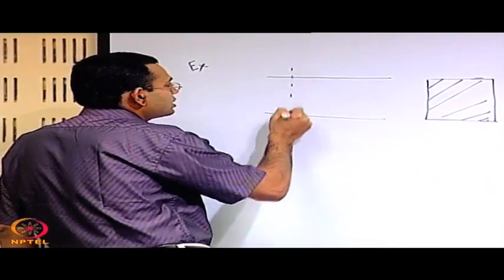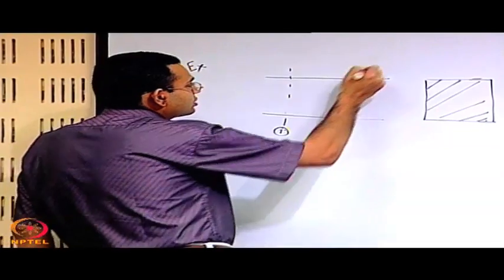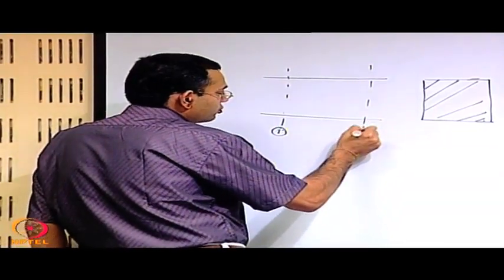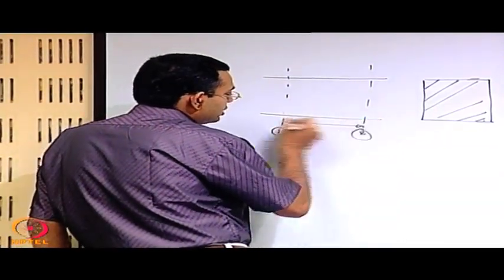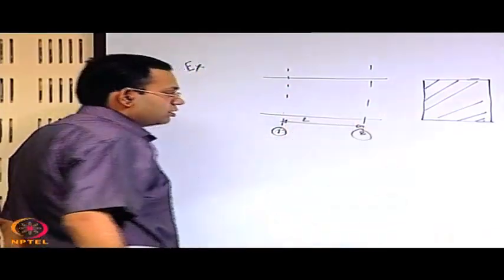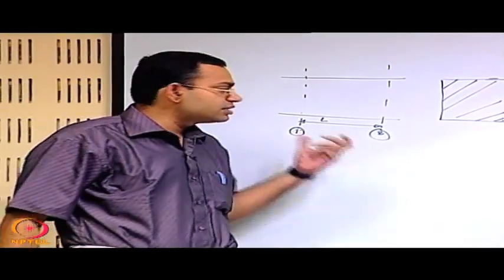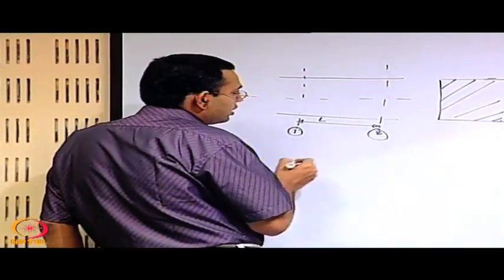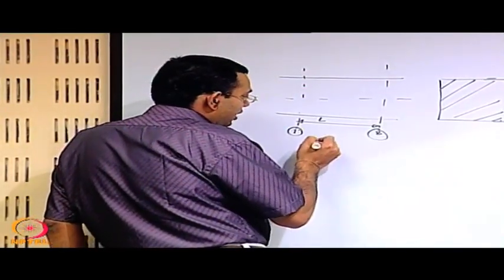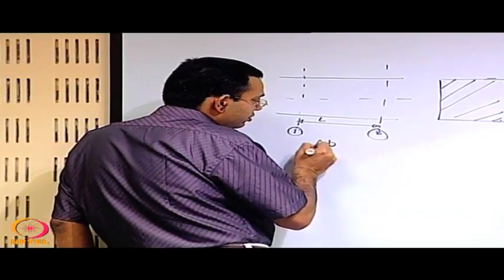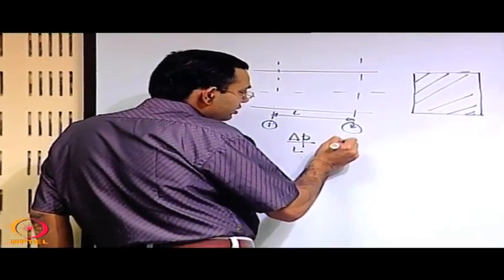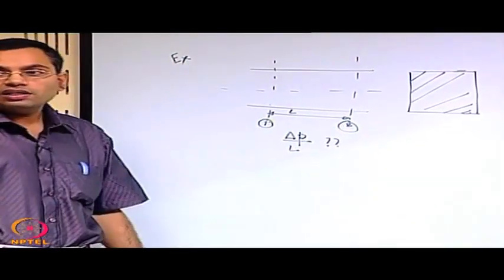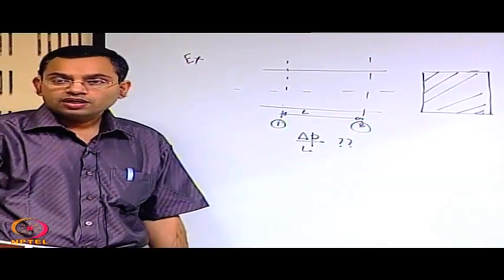And we are focusing our attention on two sections 1 and 2, which are located relative to each other by a distance L along the axial direction, and our interest is to find out what is the average pressure gradient acting over this length.